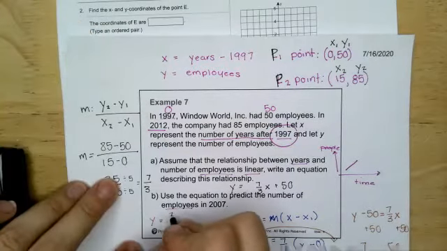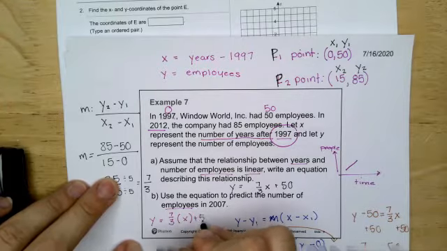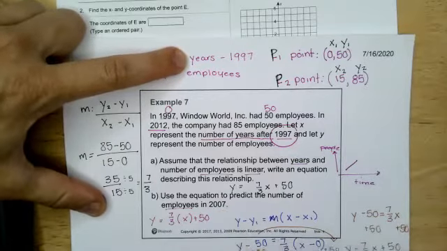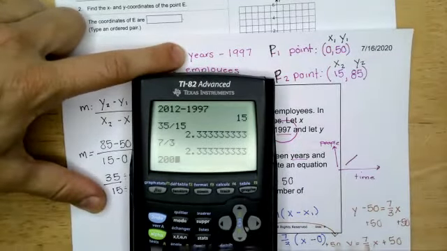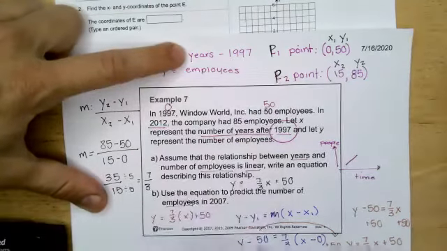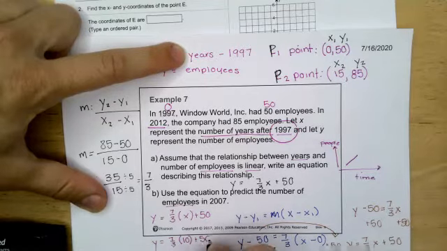y equals 7/3 times x plus 50 is my equation. But my x is the years minus 1997. 2007 minus 1997 is 10, right? So it's y equals 7/3 times 10 plus 50.